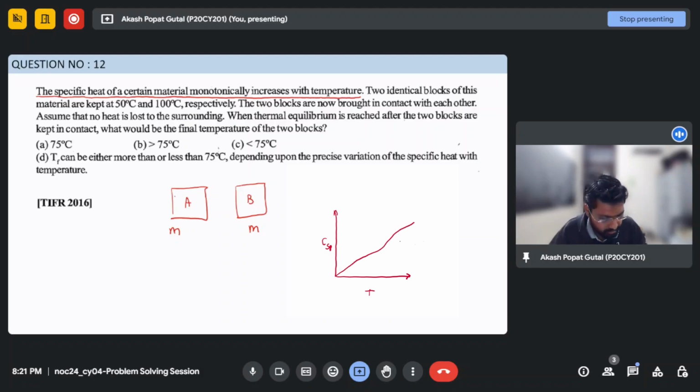Monotonic increase means the given function increases when the temperature increases, in the sense its function value can become flat and then increase, but it never decreases. So you should keep in mind, it never decreases.